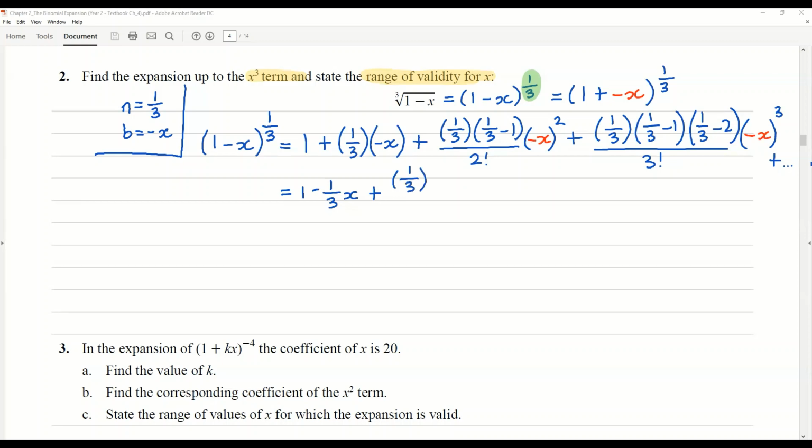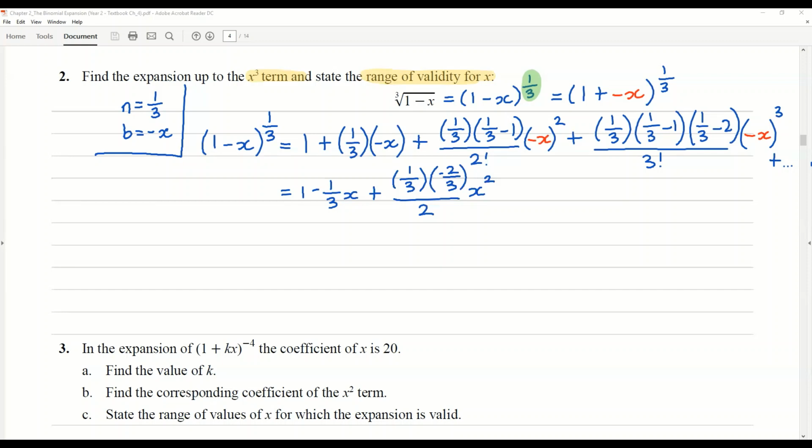A third subtract 1, so that's 1 over 3 subtract 3 over 3, which is negative 2 over 3, over 2 factorial, which is 2, and then it's negative x squared. Now, the negatives will, of course, become positive. Okay, hope that's all right.